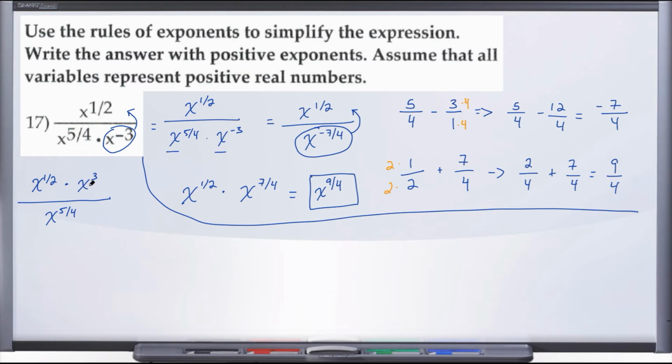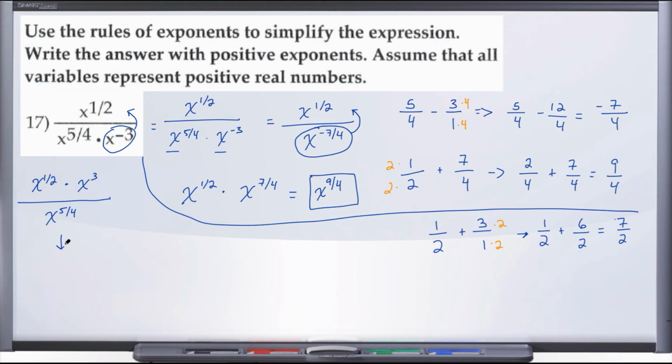And now in our numerator, we're multiplying like bases, so we're going to have to add these exponents. So what we have here is 1/2 plus 3/1. Again, we need a common denominator, which is going to be 2. So we end up with now 1/2 plus 6/2, which is going to give us now 7/2.